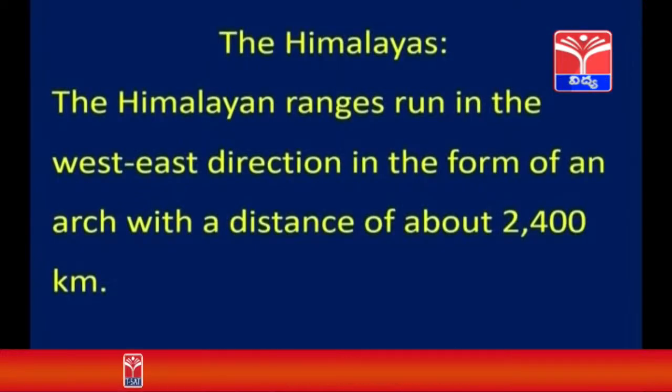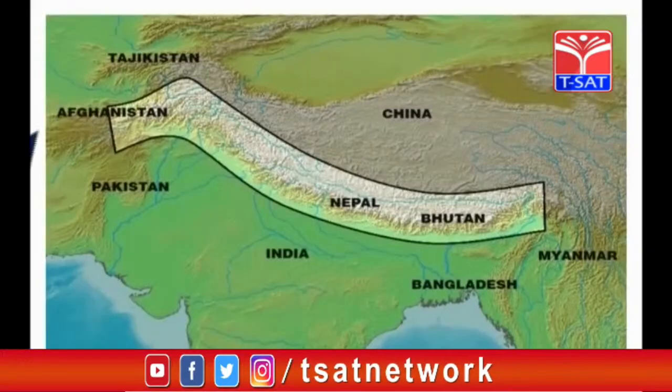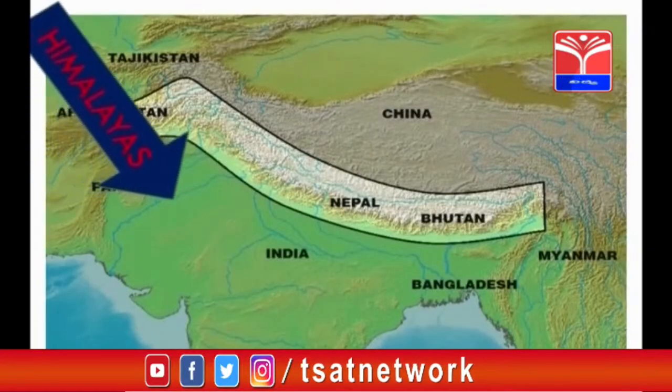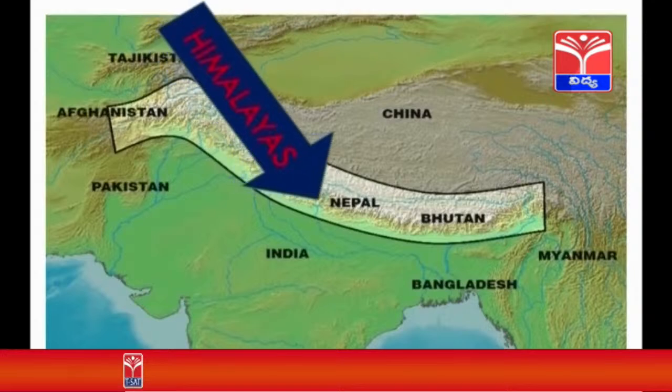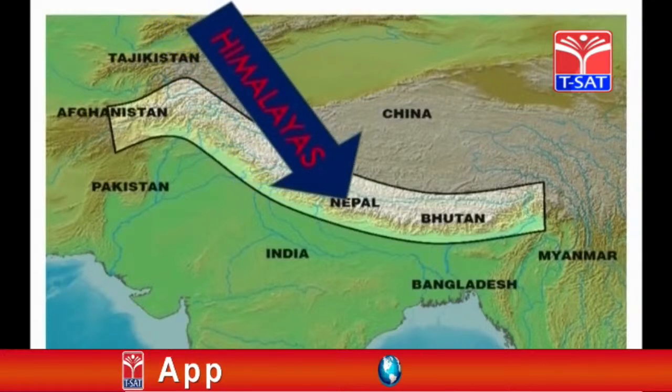Now let us see about the Himalayas. The Himalayan ranges run in the west-east direction in the form of an arc with a distance of about 2400 kilometers. See this map. This is the region of the Himalayas. The Himalayas are covered towards the north part of our country, which run west-east direction.